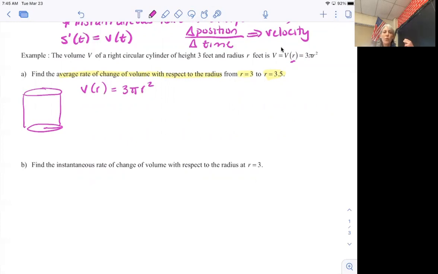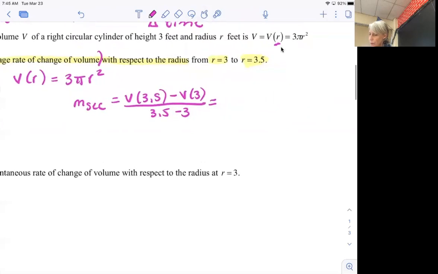The key word here is when you set up the average rate of change, you want to use the original function. Average rate of change uses the original function, and you're setting up the secant line. So we're going to do V of 3.5 minus V of 3 over 3.5 minus 3. You're just going to plug into your volume formula.